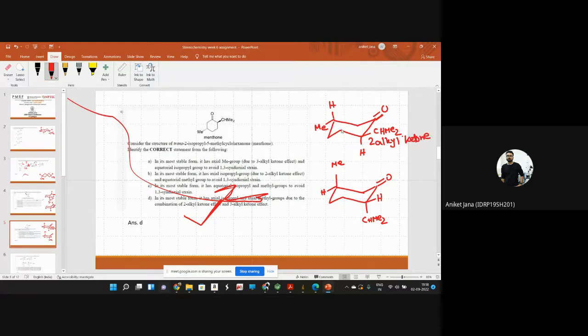And in the 3-alkyl ketone effect, the methyl group is in the axial position, but in normal cyclohexane there would be a hydrogen. Here the hydrogen is missing, so there is no 1,3 diaxial interaction. So in this case also, the energy gap separating the axial and the equatorial is decreased. This is called the 3-alkyl ketone effect.